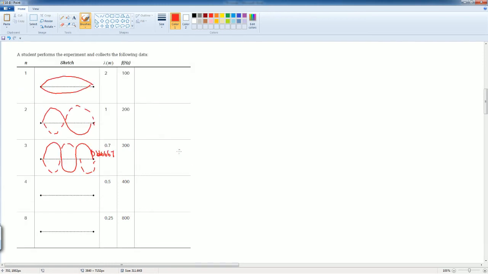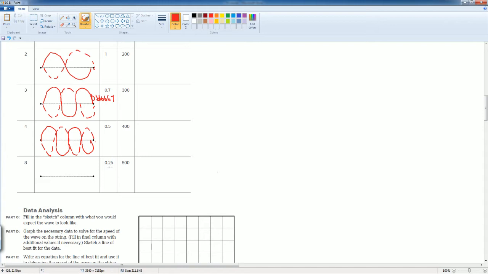This is going to be a half, so this should be 4. So 1, 2, 3. Oh, sorry. 1, 2, 3, 4. Boom, boom, boom. And this is going to be 0.25, which is I think 1/4.